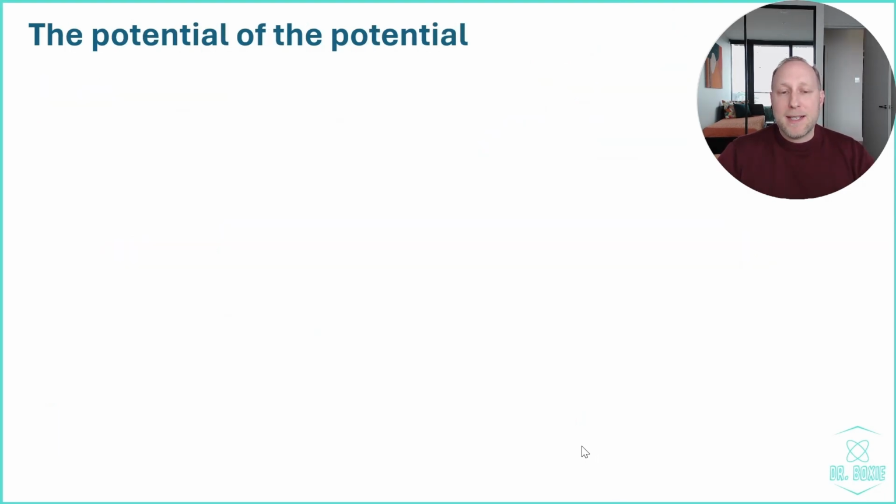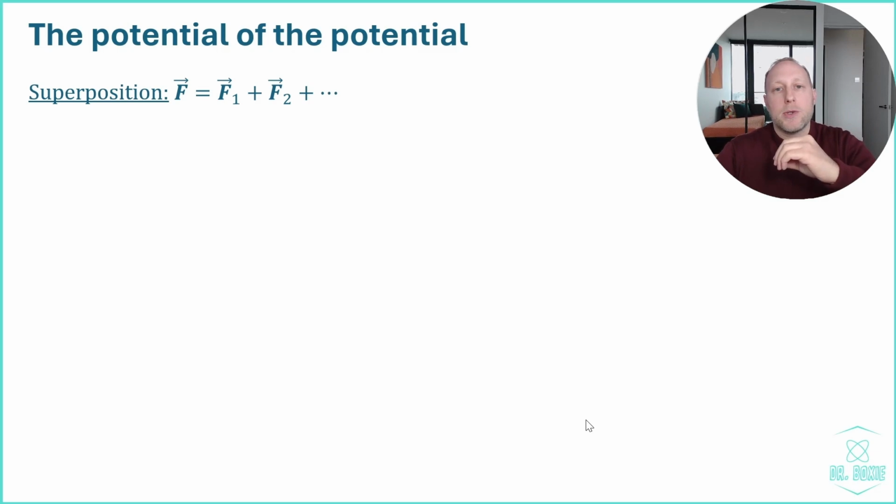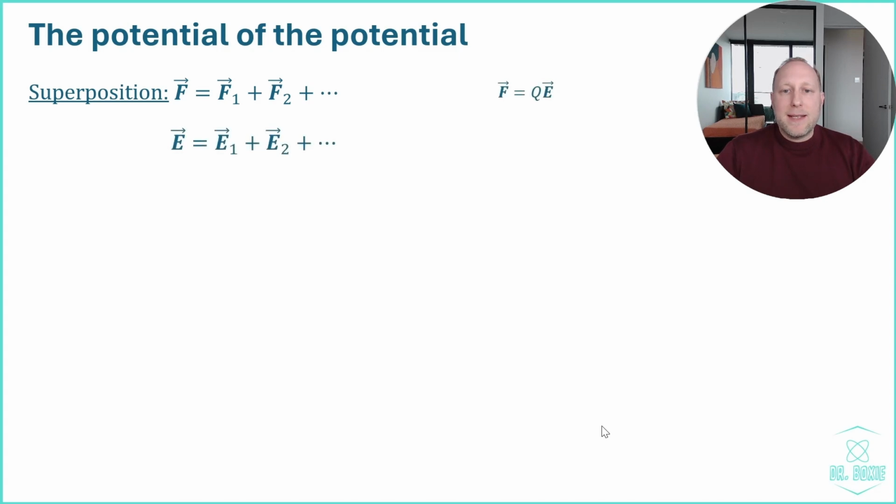Remember from the very first lesson on electrostatics that the total force on a test charge due to multiple source charges is simply the vectorial sum of each of those individual forces exerted by each of the source charges on the test charge. Now we know that F is equal to Q times E, so if we divide the whole equation by the test charge Q, we get the principle of superposition for the electric field.